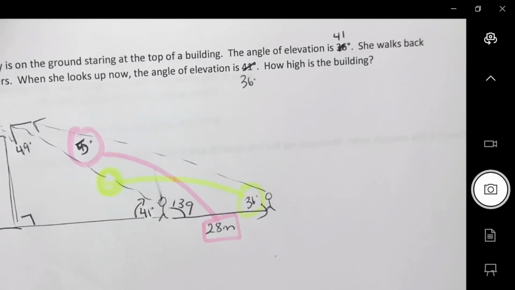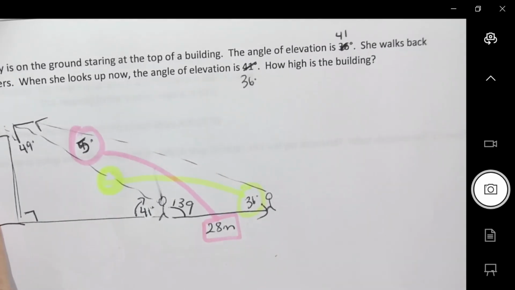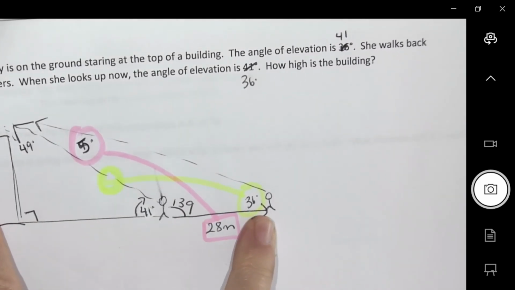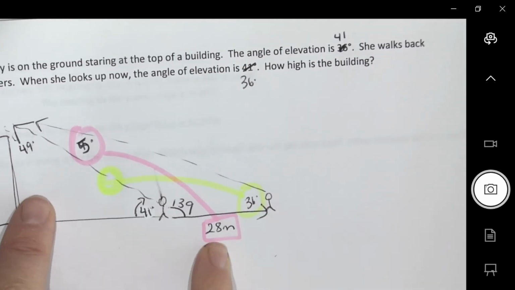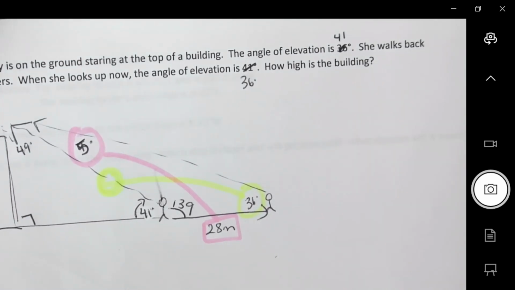You see my pairs that I'm going to go with? Okay. We can't pair 36 with the building. Why can't I pair that and that together? Because they're not inside the same triangle, right? That was two different looking triangles.